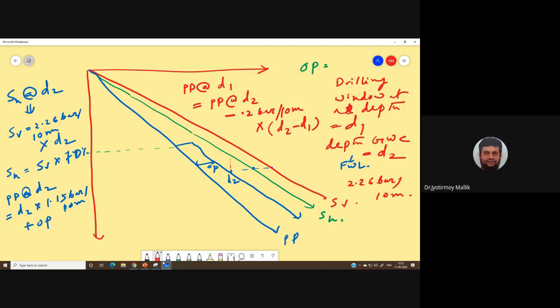So that I have to do. So I have got pore pressure at D2 minus pore pressure at D1, this value.